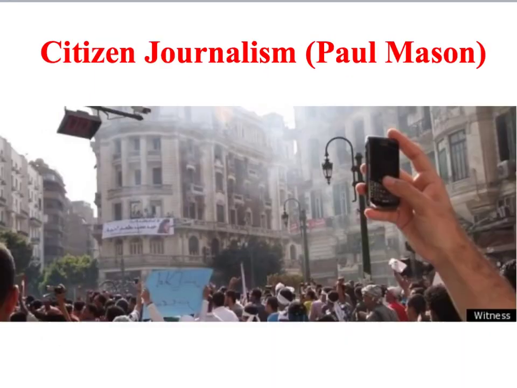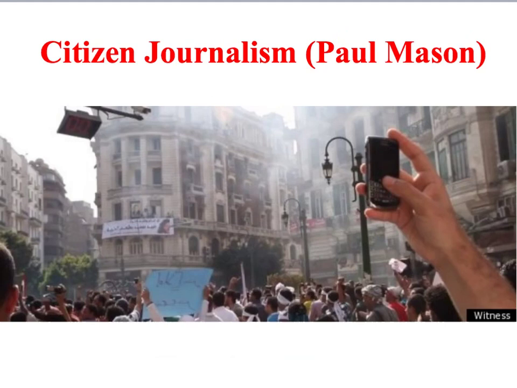Now initially Web 2.0 and mobile devices seem mainly to be about people socialising and mainly about entertainment, but it's become increasingly clear that these devices have also played a really important role in political protest. And citizen journalism is one manifestation of this.